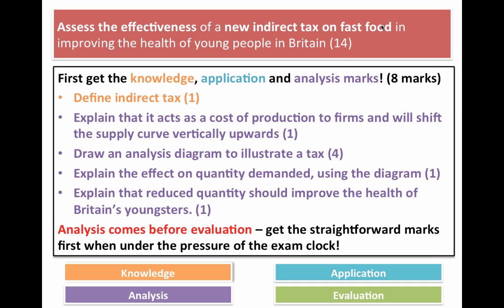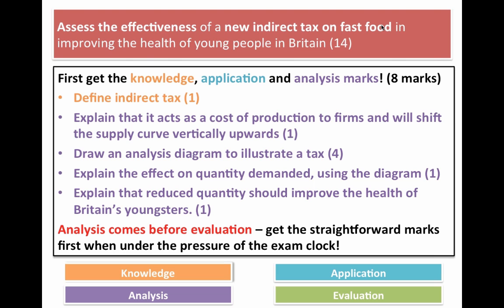Those of you who've been in my webinars before know that I like to define key terms in a question, in this case, indirect tax. Then I like to build my analysis, showing, for example, a tax in a market using an analysis diagram to illustrate it. And you can gather up to 4 marks just for doing that, if it's accurate. Then just develop the explanations. What's the effect on the demand?